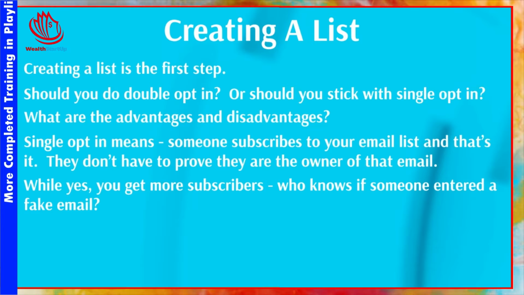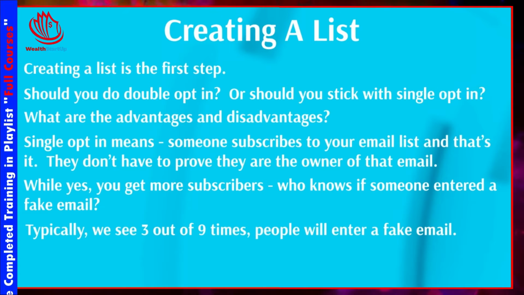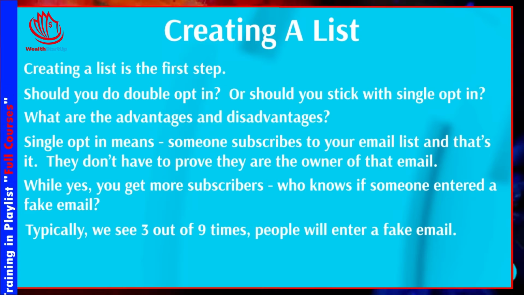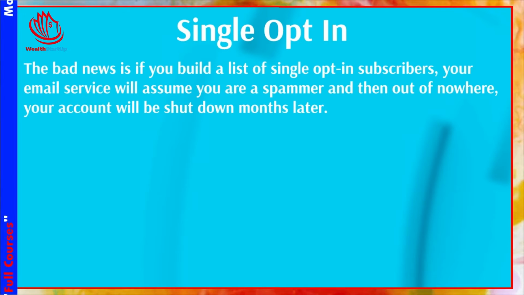Because at the end, whenever you send out emails, Gmail, AOL, and big companies like that, they'll see that you're sending emails to fake emails, and then of course, they will think that you're a spammer. So what we found is 3 out of 9 times, or even more, sometimes even a half, most people will enter a fake email.